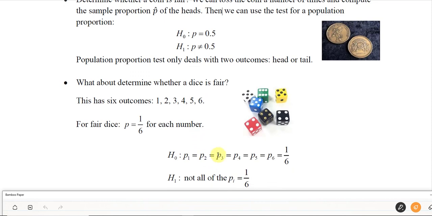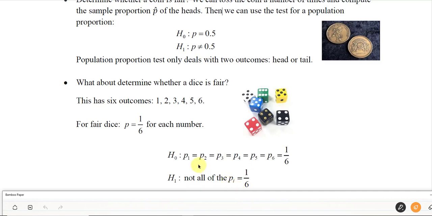And therefore, now you can also form the null hypothesis and the alternative hypothesis by letting the null hypothesis be that the probability of getting any number 1, 2, 3, 4, 5, and 6 is equal to 1 over 6. And then the alternative hypothesis is that not all of the probabilities are equal to 1 over 6.